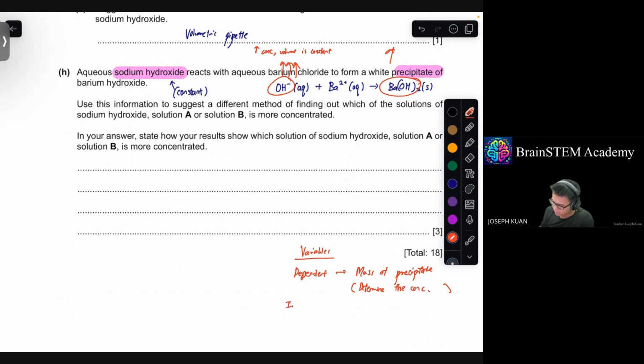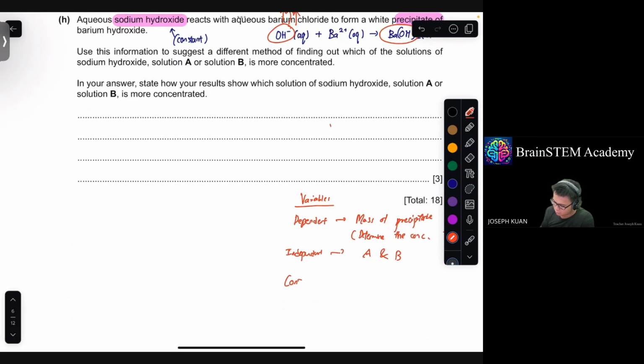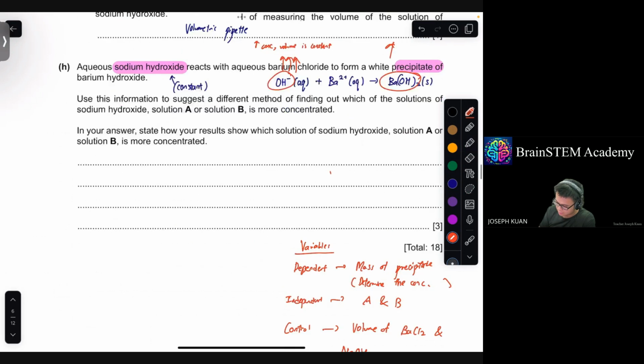Our independent variable is actually just A and B, and our control variable, our constant variable, is just the volume of barium chloride used and also sodium hydroxide, because we want to be as fair as possible.